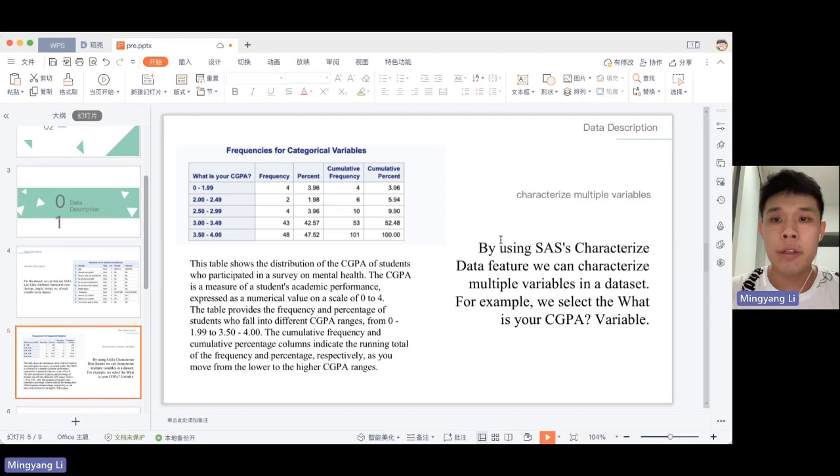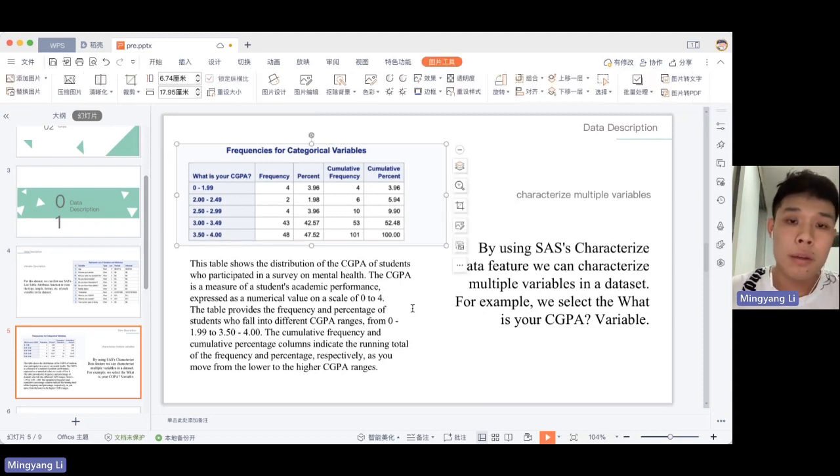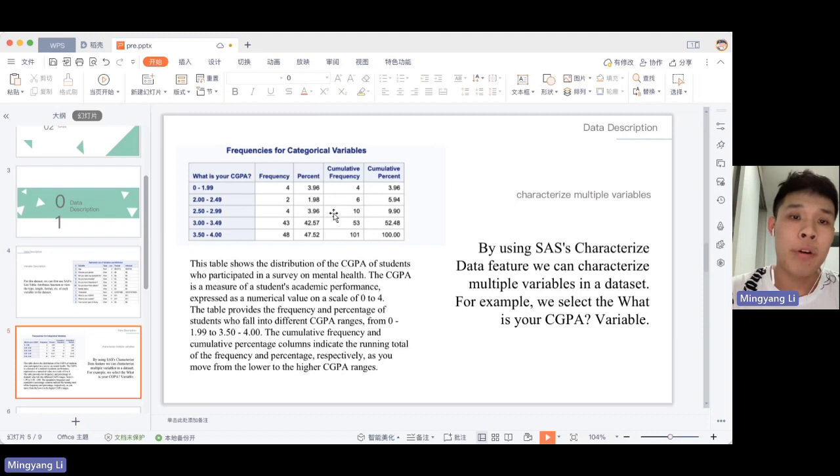Next, characterize multiple variables. By using SAS characterize data features, we can characterize multiple variables in a dataset. For example, we select the CGPA variable. The image shows the result of frequency for categorical variables. This table shows the distribution of CGPA of students who participated in a survey on mental health.